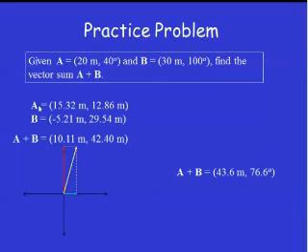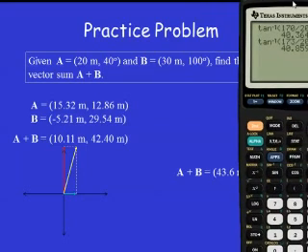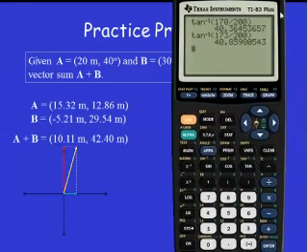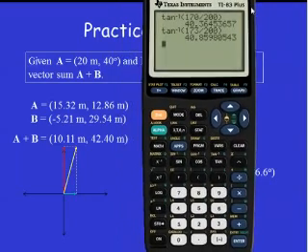Now, vector A in x and y components is 15.32 meters, comma, 12.86 meters. To do that, I had to find the components of A. So let me remind you how that goes.